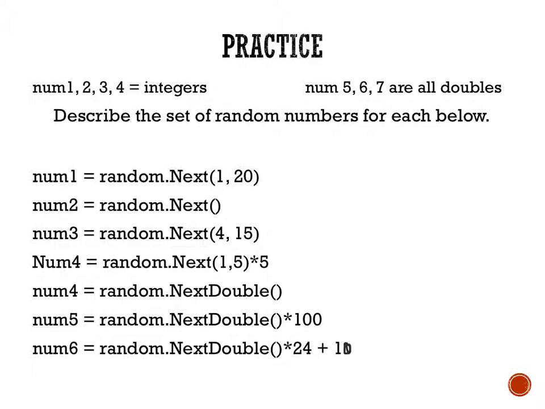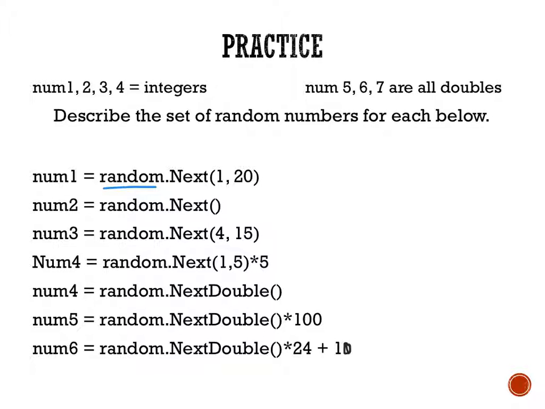All right, so what I'd like you to do here is you'll notice that I have a random object created called random. So this is my object name, and I'm utilizing a wide variety of methods contained in the random class. So I have dot next with some parameters, just a dot next, just a dot double, a dot next double with a couple of extra constraints onto it. So what I would like you to do is describe the set of the random numbers that are created by each below.